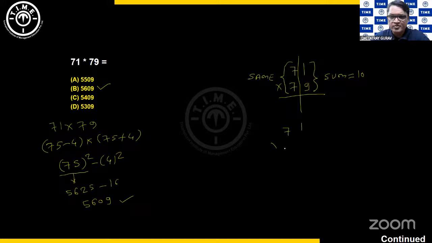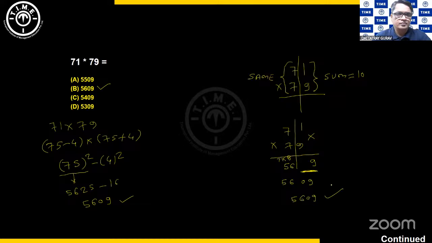As per the previous rule, multiply both: 1 into 9 will be 9. 7 and 7 are the same, so take the next number: 7 times 8 is 56. But understand, the last part must contain a 2-digit number, but the value should not be changed. So better put 09 here. So the answer should be 5609. Again, the second method is much better than the first method.